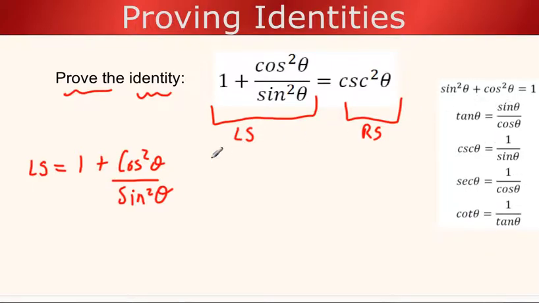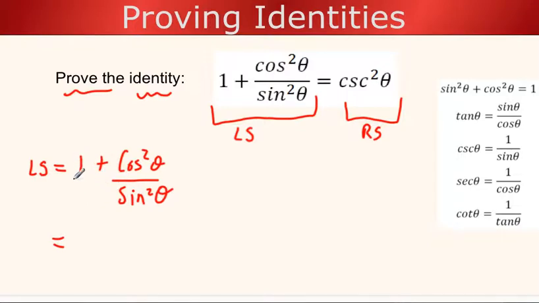So my job here is to clean this up, and here's what I'm going to do. If I was adding this, and this was like a rational expression, forget that they're cosines and sines. Just think about them as variables and not like terms. If I had a 1 plus this fraction, I'd want to combine them. So let's get a common denominator. The denominator right now is a sine squared. So since it's a sine squared, this needs a denominator of sine squared.